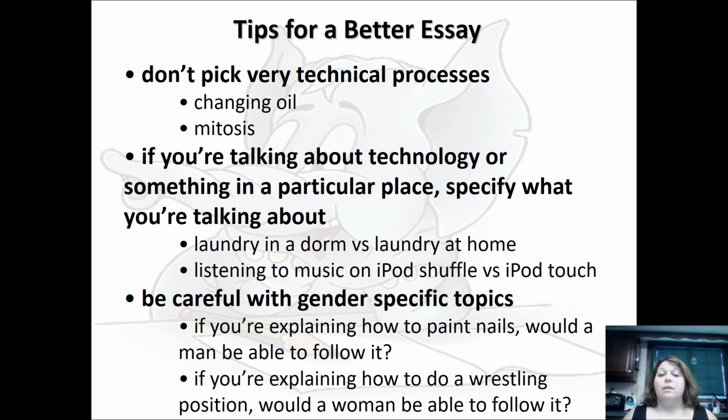If you choose a topic that's related to technology, you want to specifically name the type of technology, either right in the title or right in the introduction, because technology is changing all the time. So right now, when I'm recording this, the iPhone 7 Plus is the newest iPhone that's out.